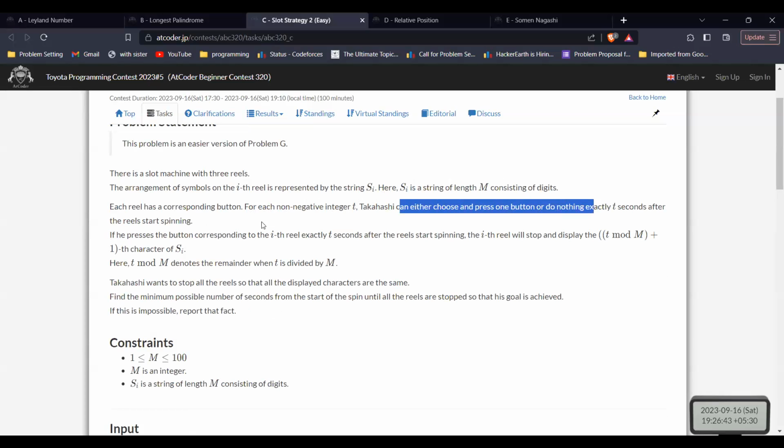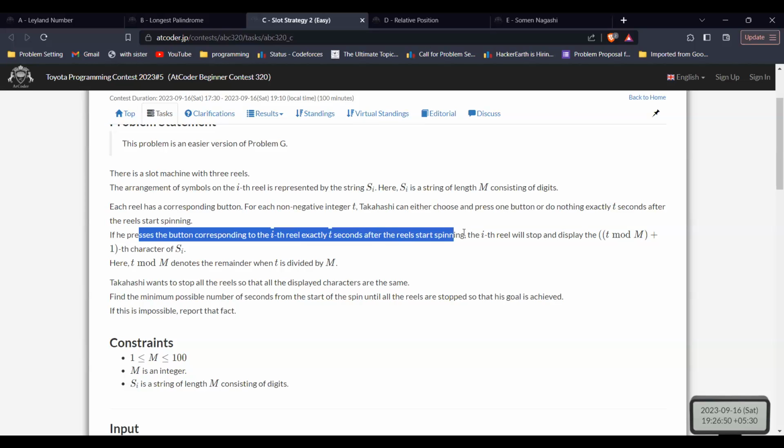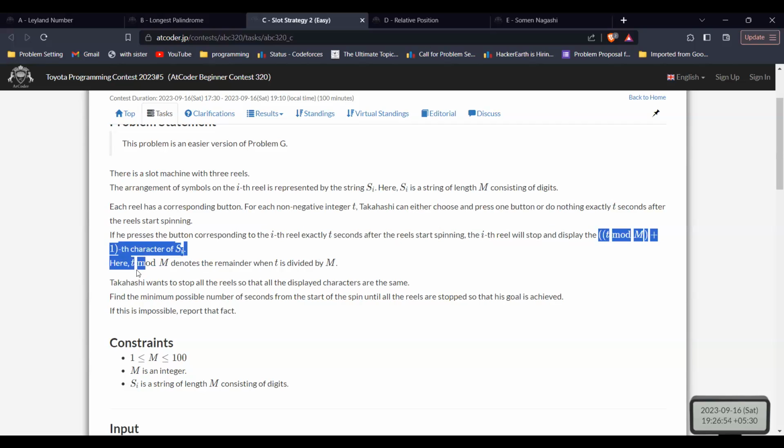If you decide to press the button corresponding to the ith reel, that reel is going to show you the (t mod m) plus 1th character, where m is the number of characters written on each reel.